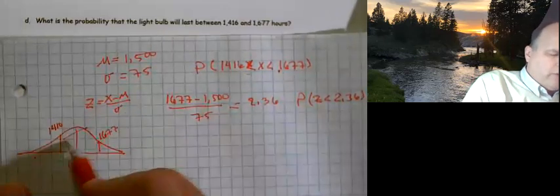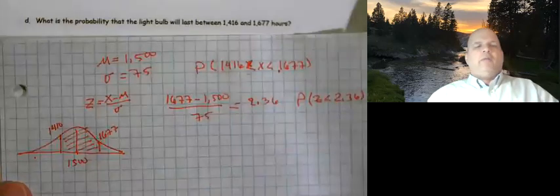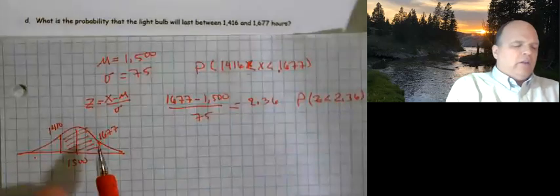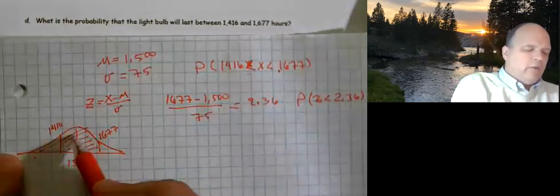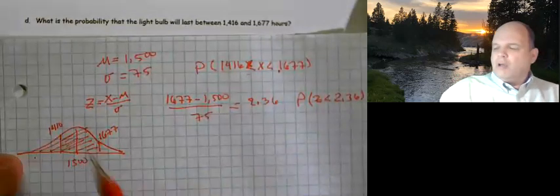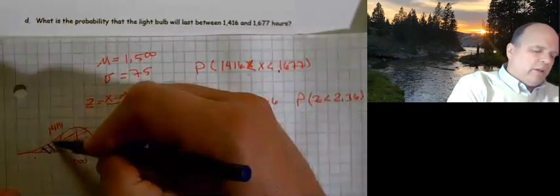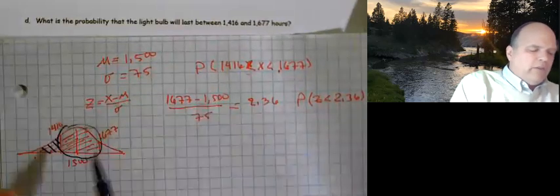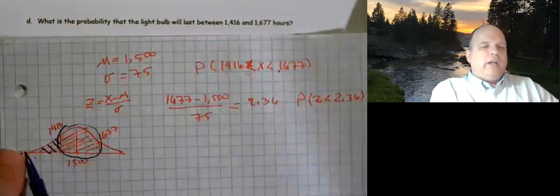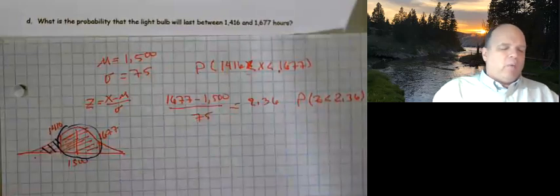And I'm looking for this entire area right here. That's the area I'm looking for. When I calculate the 1677, it's going to shade it all the way down, so it's going to look like this. Then I'm going to need to subtract out the 1410 area to get the part that I want, because I want this part. So I calculate 1677, which goes all the way to negative infinity, and then I'll subtract out the 1410, and I'll have what I want.